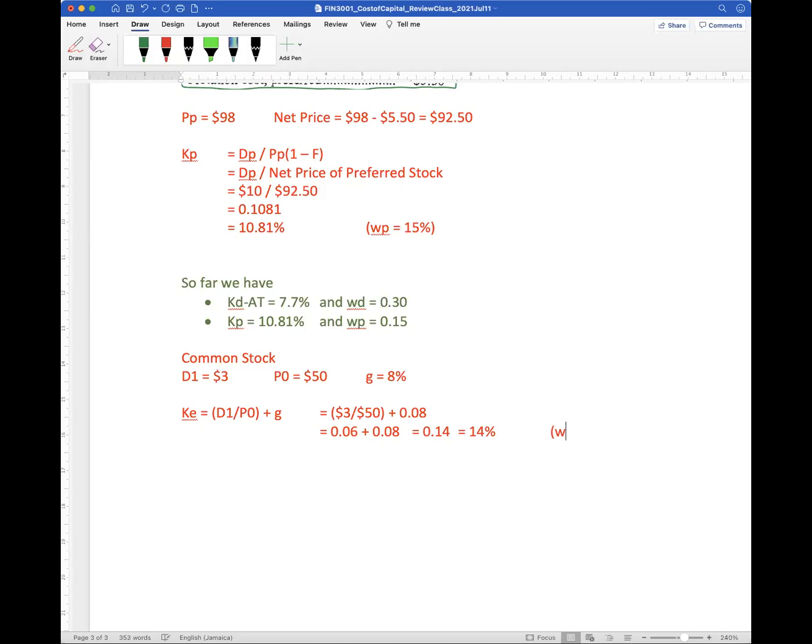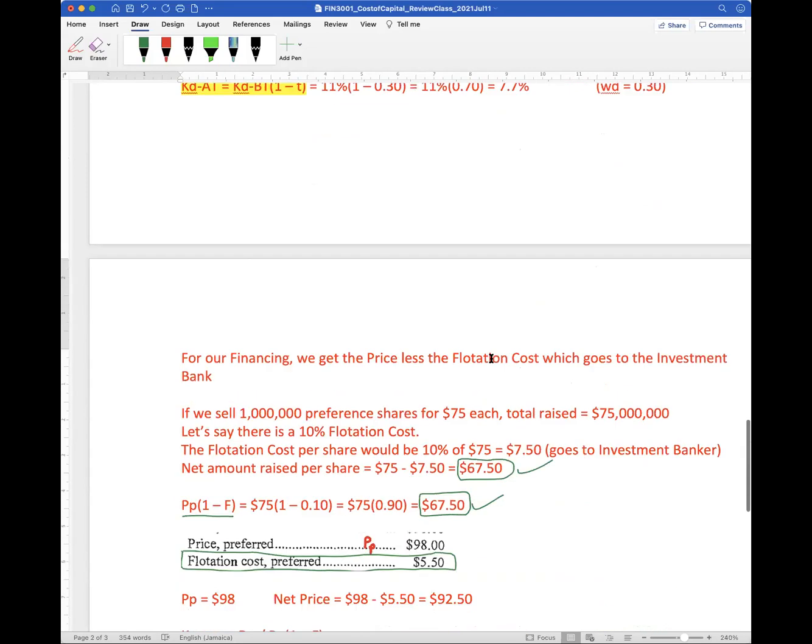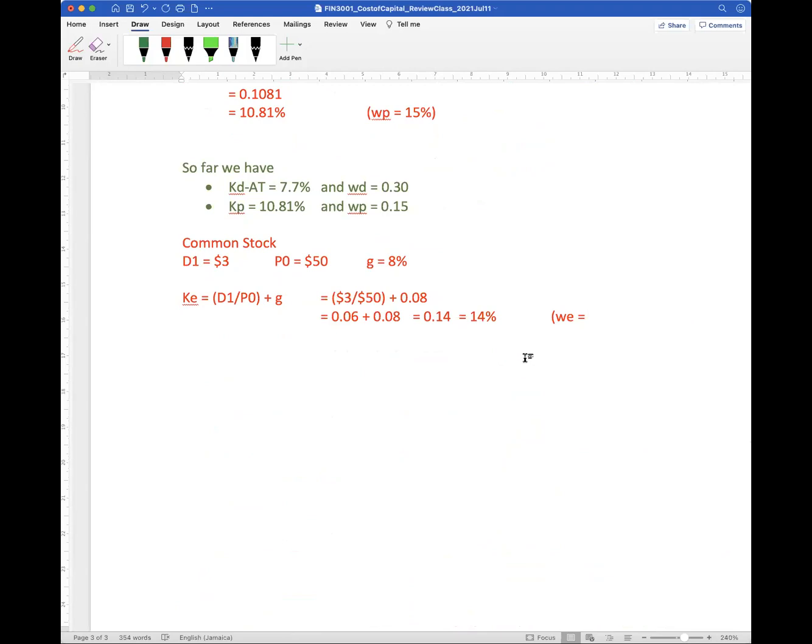And we can also note the weight of equity is, scrolling up to the question, 55%. After this, we have the three components. We have the after-tax cost of debt and weight of debt, cost of preferred shares and weight of preferred shares, and now the cost of common equity and weight of equity.